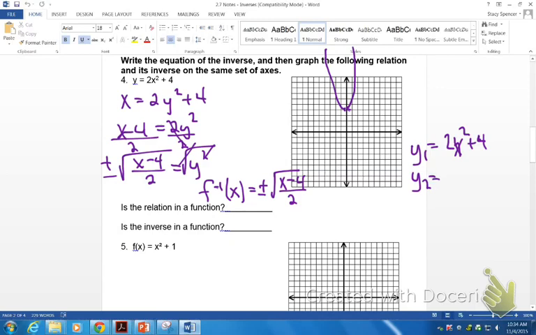So in your y2, you're going to enter the positive square root of x minus 4, make sure you put that in parentheses, divided by the 2. And then in your y3, you're going to put the negative square root of x minus 4 divided by 2. Again, make sure you put that in parentheses. Let's do that real quick.